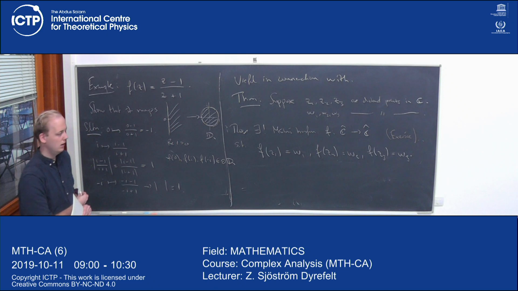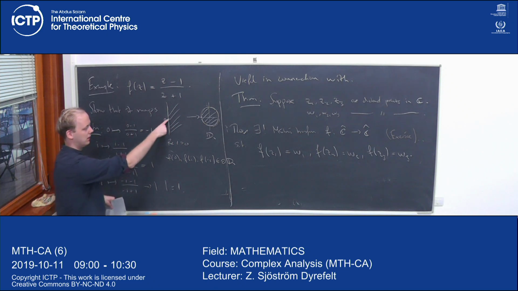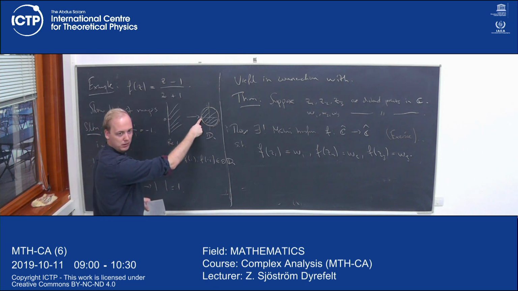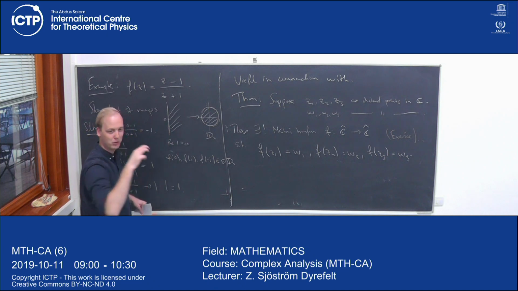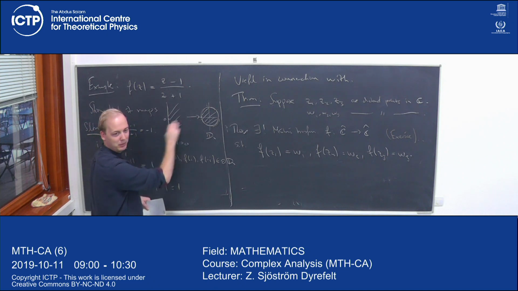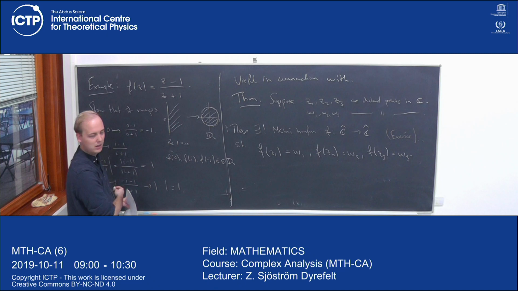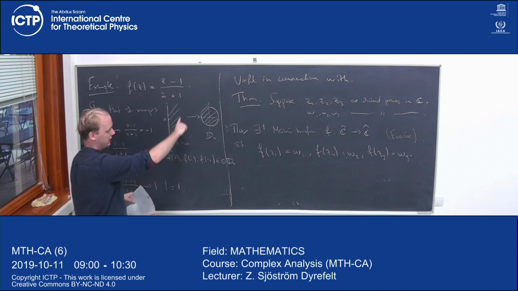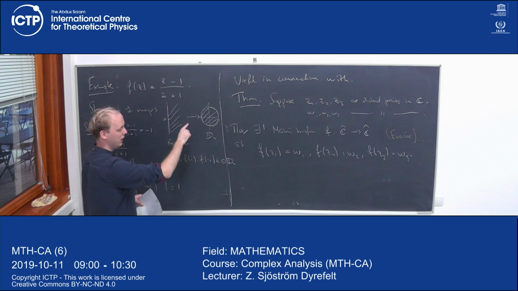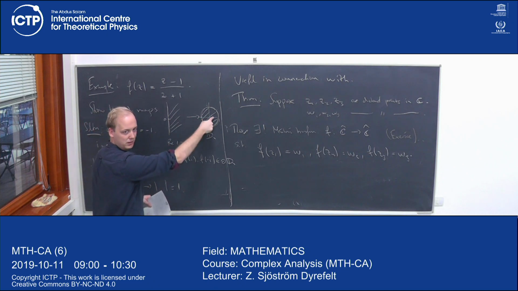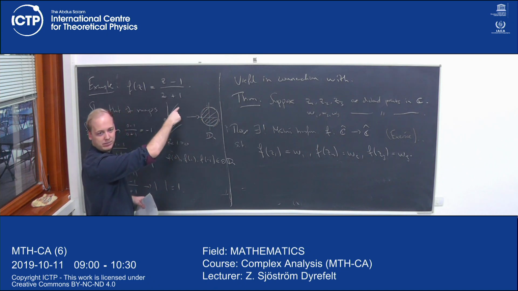And this means that this line is mapped onto this circle. The circle in the extended plane is mapped onto this circle. And then we know that whatever it cuts off, this side, it has to be mapped either all of it to the inside, or all of it to the outside.